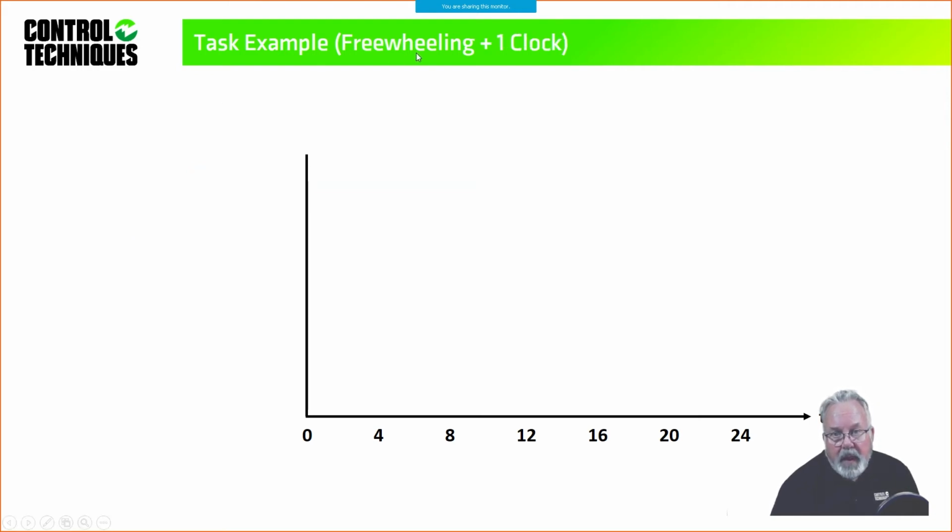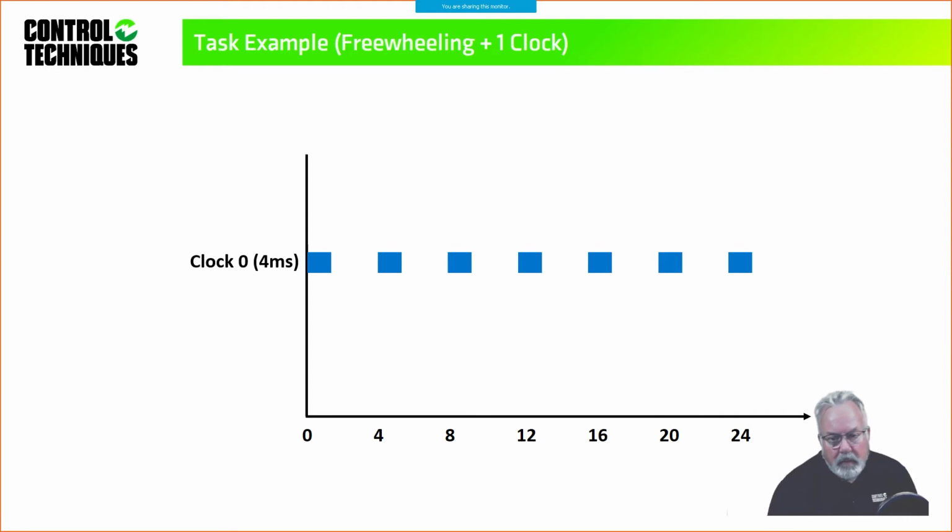what happens if I add a clock task? Again, the clock task has a cyclic interval that you enter the time interval. So if I add a clock task now, here's what happens. I set my interval for my clock task in this example to 4 milliseconds.